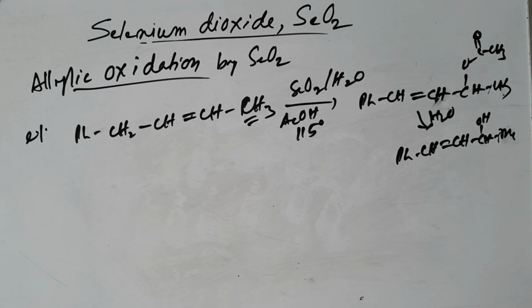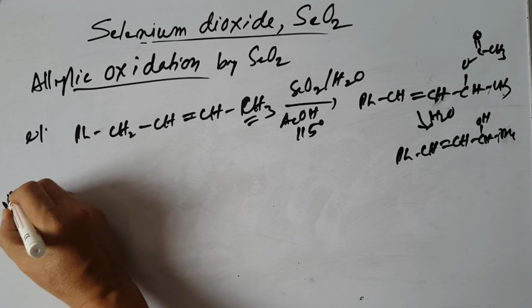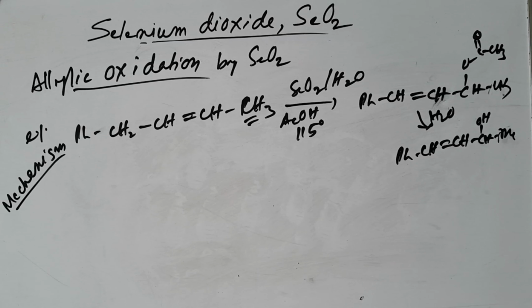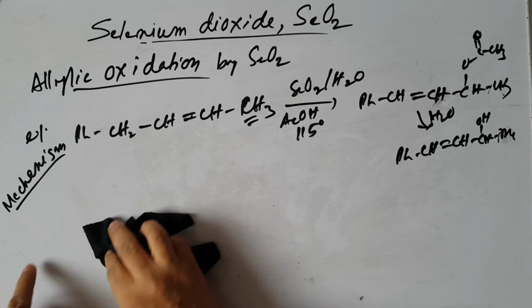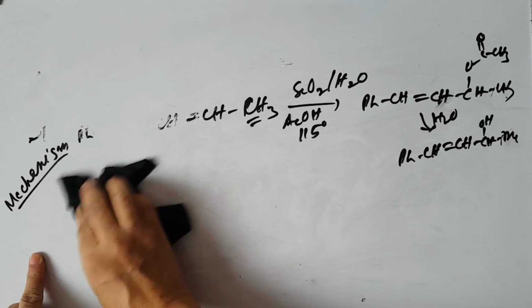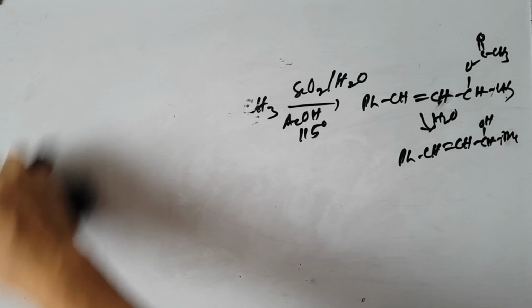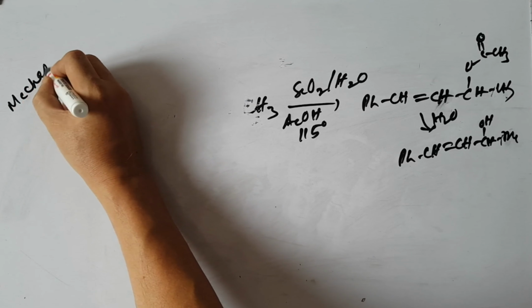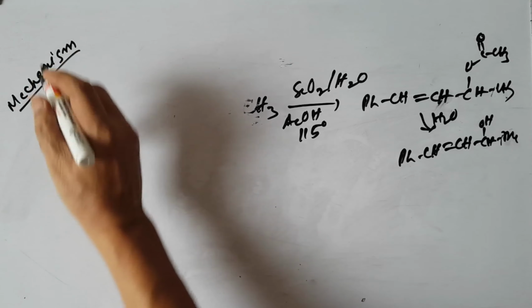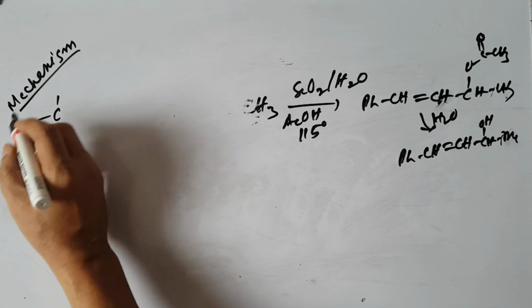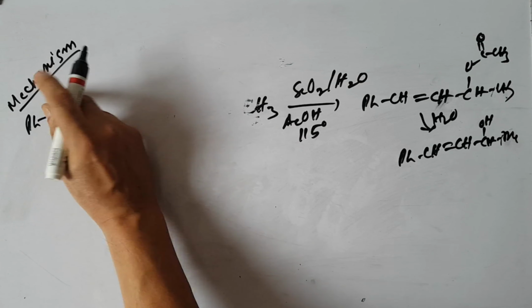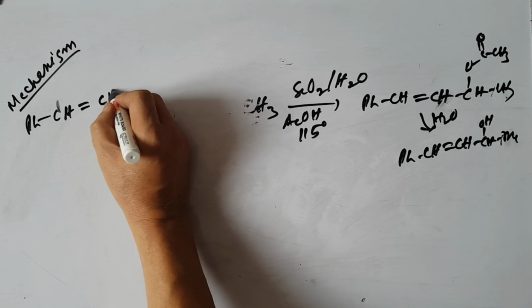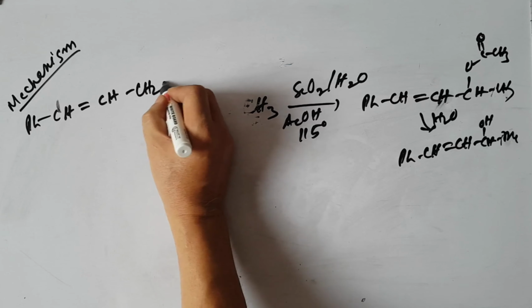So let's see the mechanism first. Mechanism of allylic oxidation. First, let's say this compound like the earlier one: phenyl, CH, double bond CH, CH2, and a methyl group.